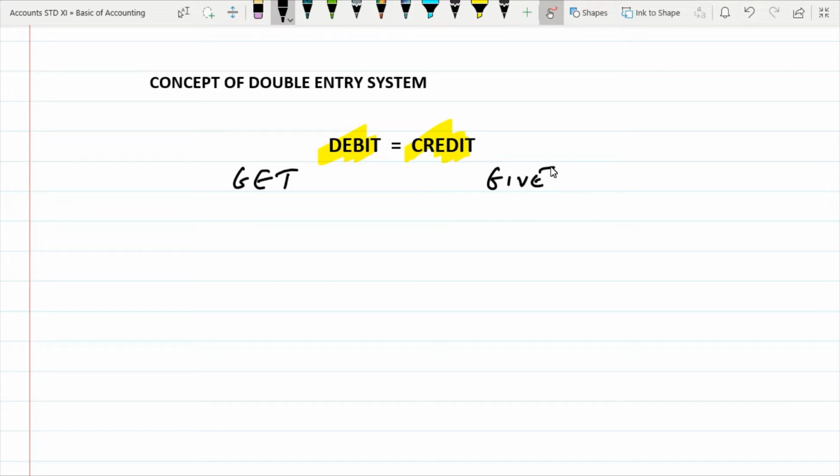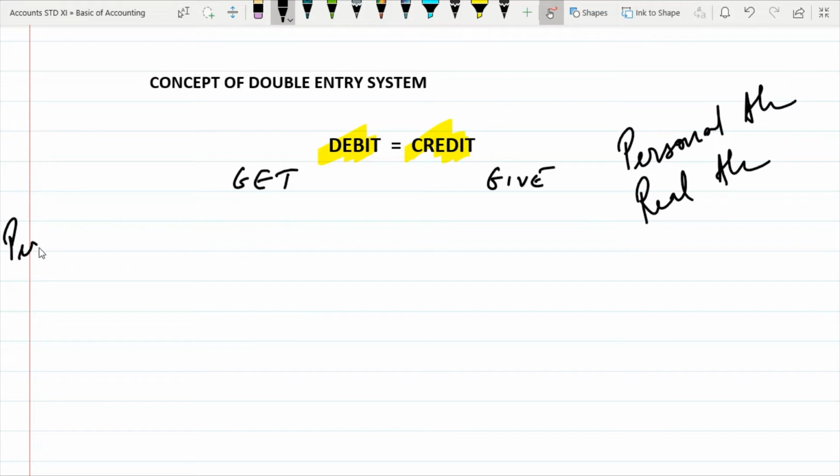Now, if you look at your personal account, say if you just go by the rules, now personal account, the rule is: debit the receiver, and credit is the giver.